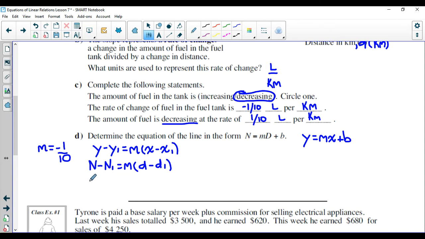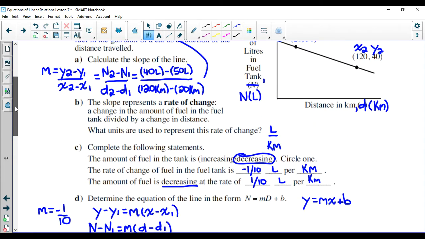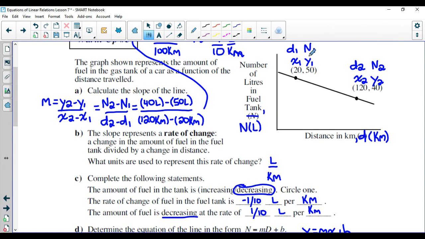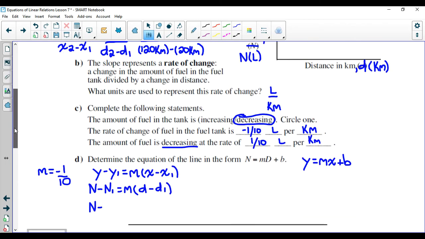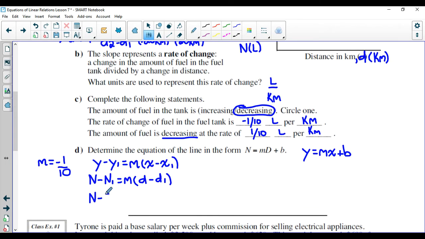Okay, let's start to plug numbers in now. n is a generic variable that we're not going to do any substitution for, so we're just going to leave that as n. Now n1 would be the y coordinate of point 1. Going back up to the graph, the y coordinate of point 1, which is n1, would be 50. So we're going to subtract 50 in this equation.